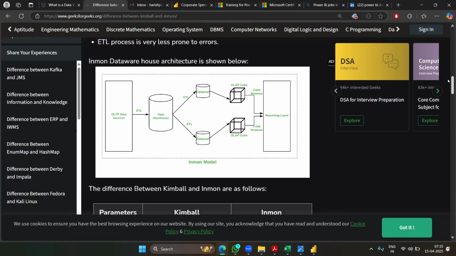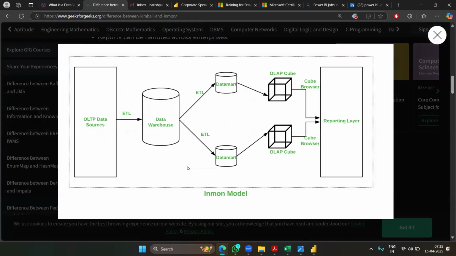Now, what Inmon says is, no, don't create multiple data marts first. Just get all the source systems. Suppose you have a new business line added, get that data into the data warehouse centrally so that I can have a single view by sitting at the head office, with access to the data warehouse.